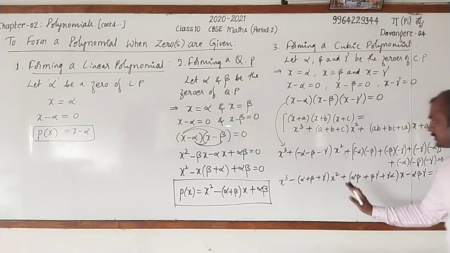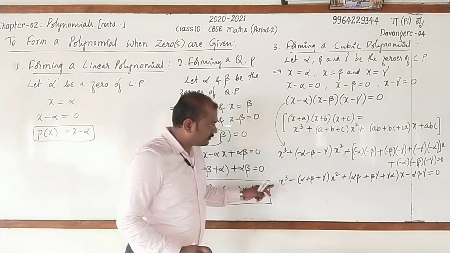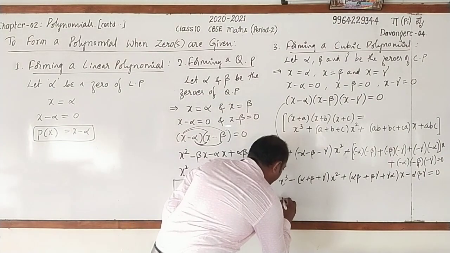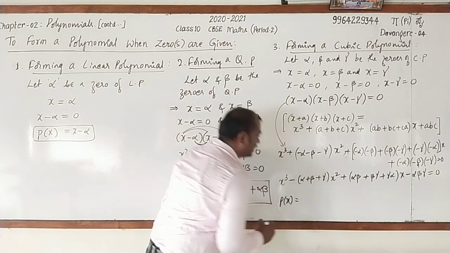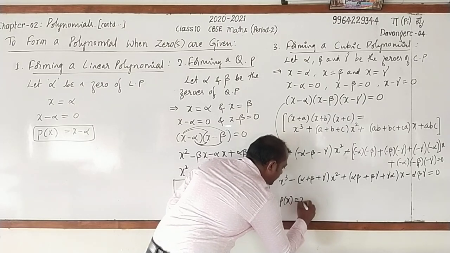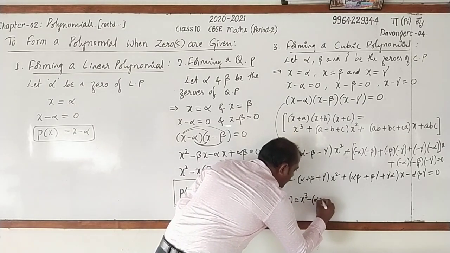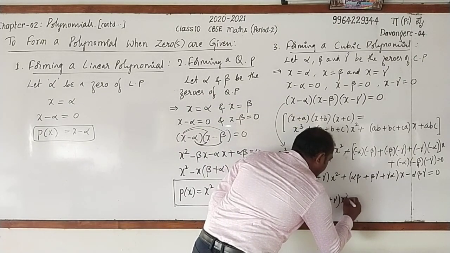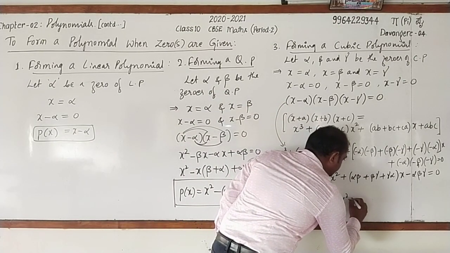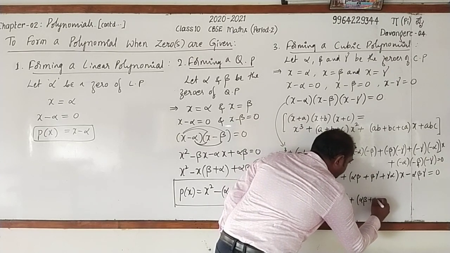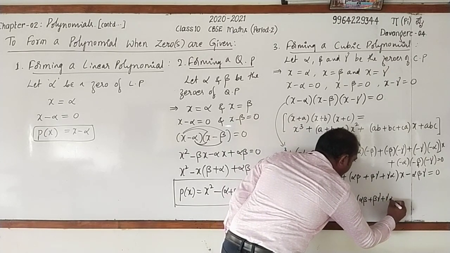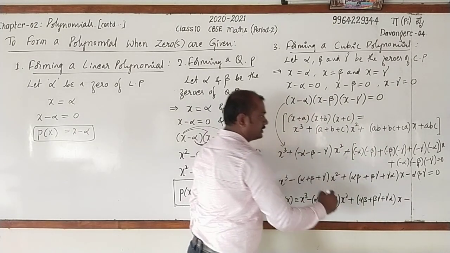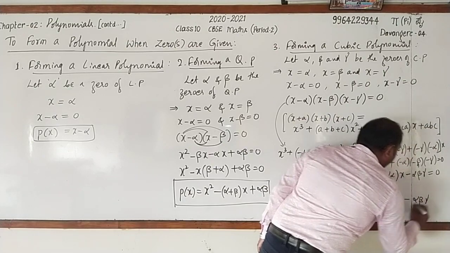Now, observe this. Here we have got the equation, but we want the polynomial. I am going to write the polynomial. Polynomial is p of x equal to x cube minus of alpha plus beta plus gamma into x square plus alpha beta plus beta gamma plus gamma alpha into x minus alpha beta gamma.